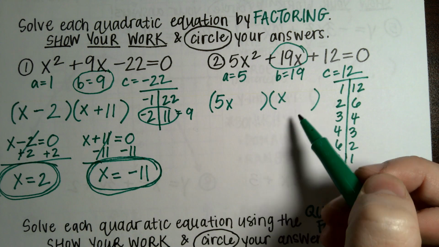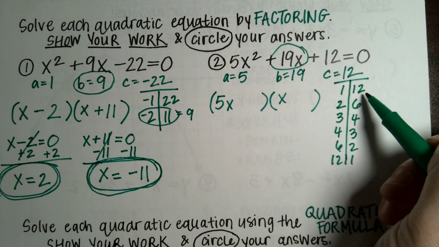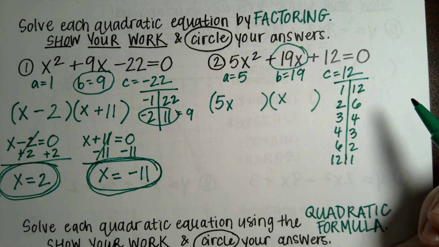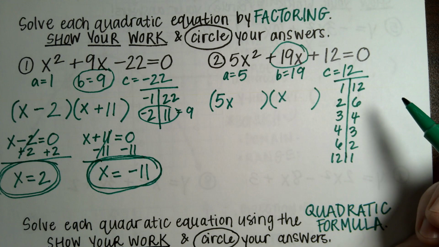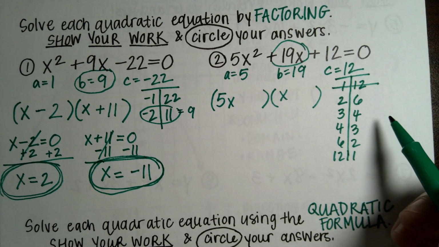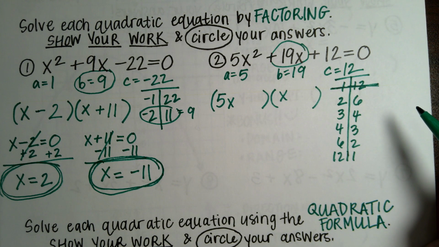So if I'm looking at my list, I can right away in my head know that 5 times 12 is going to be too big because I need it to be 19. Okay, so I'm going to cross that one off. Is anybody confused about why we could rule that out? Okay, cool.